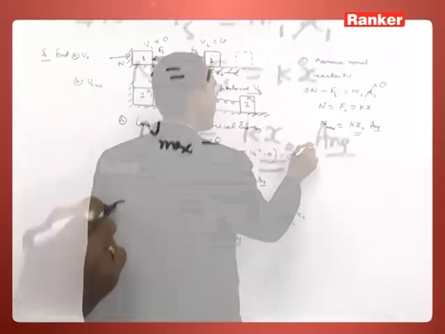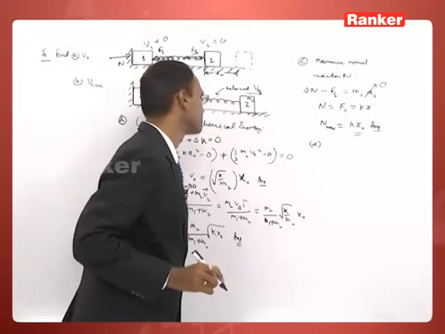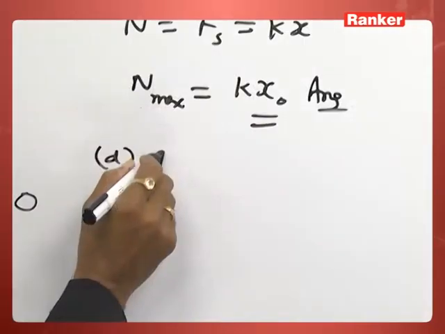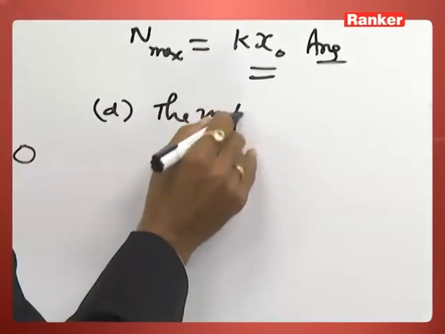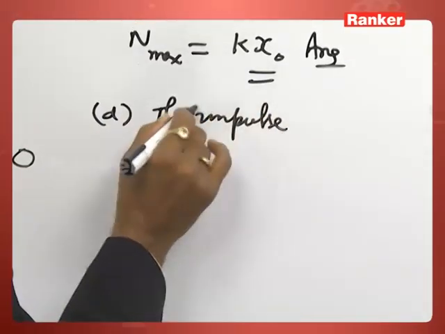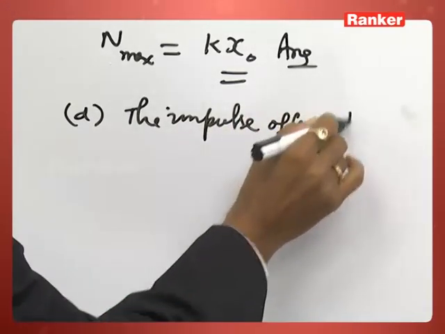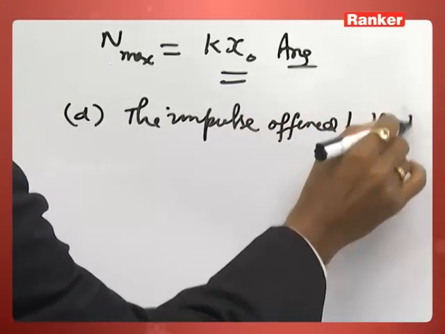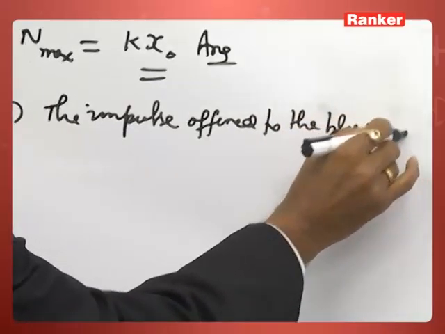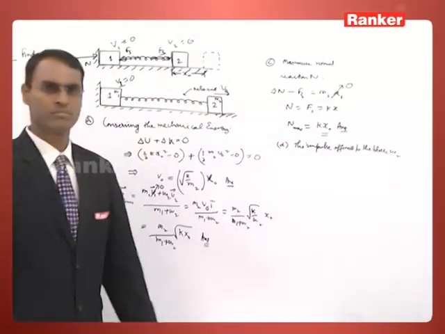Next you can find the impulse offered to the block m2.